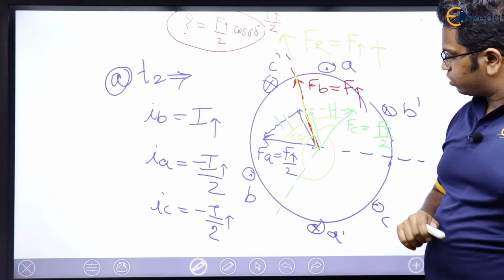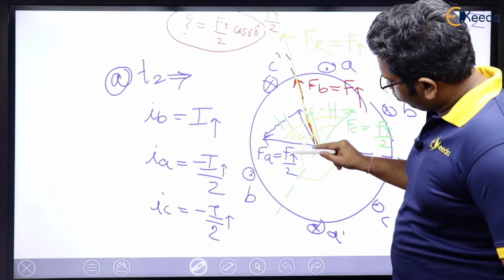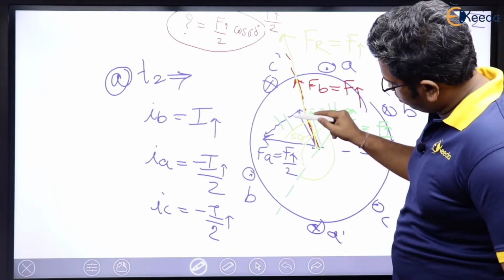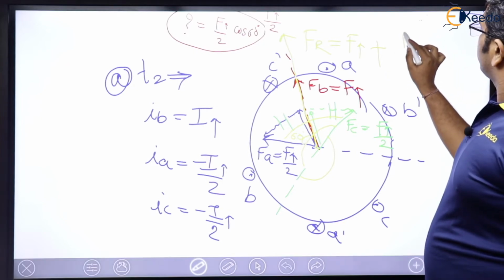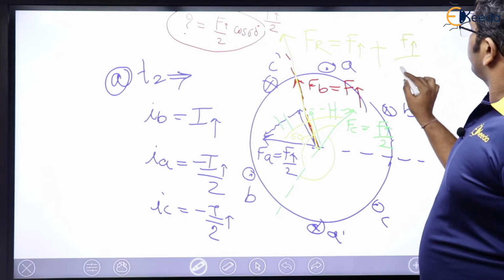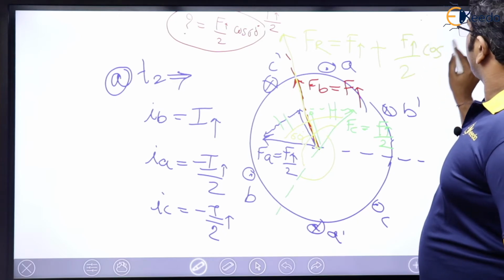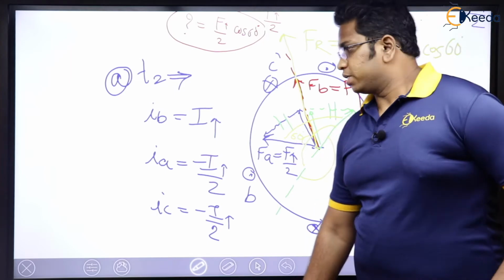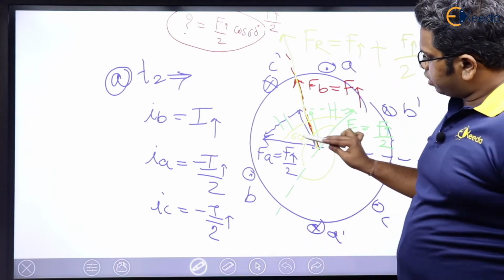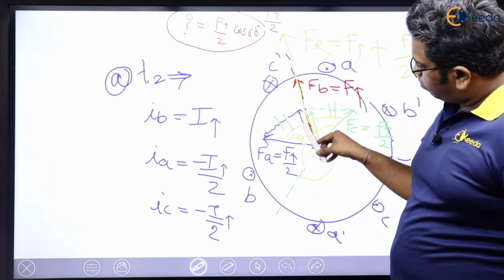So if you see here, this is going to be 60 degrees. If this is 60 degrees, this is going to be 60 degrees only. So this is nothing but F maximum by 2 cos of 60 degrees, right? Yes. Now this was about this particular blue.